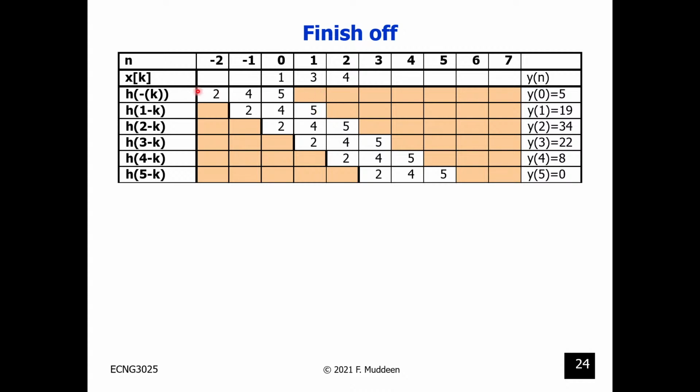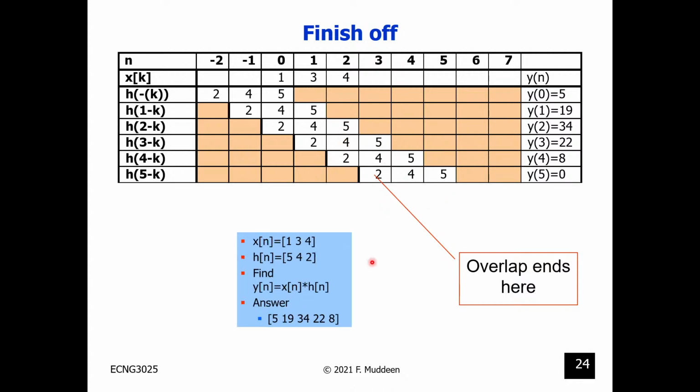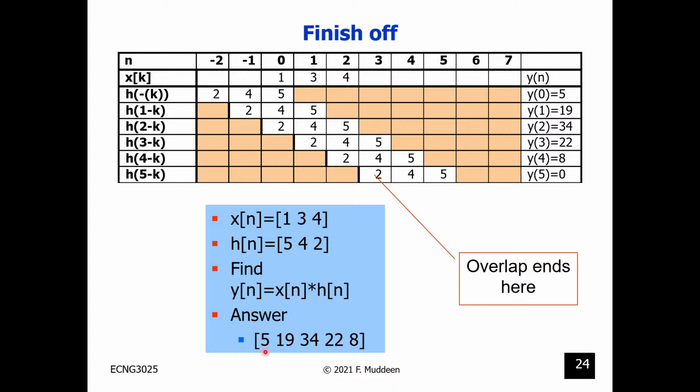We can keep on sliding that h of n minus k signal until we have no overlaps. Because the overlap ends here, there's no longer any overlap between x of k and h of n minus k. At that point, the convolution stops because there's no more overlap. And the end result gives us a y of n vector of 5, 19, 34, 22, and 8.